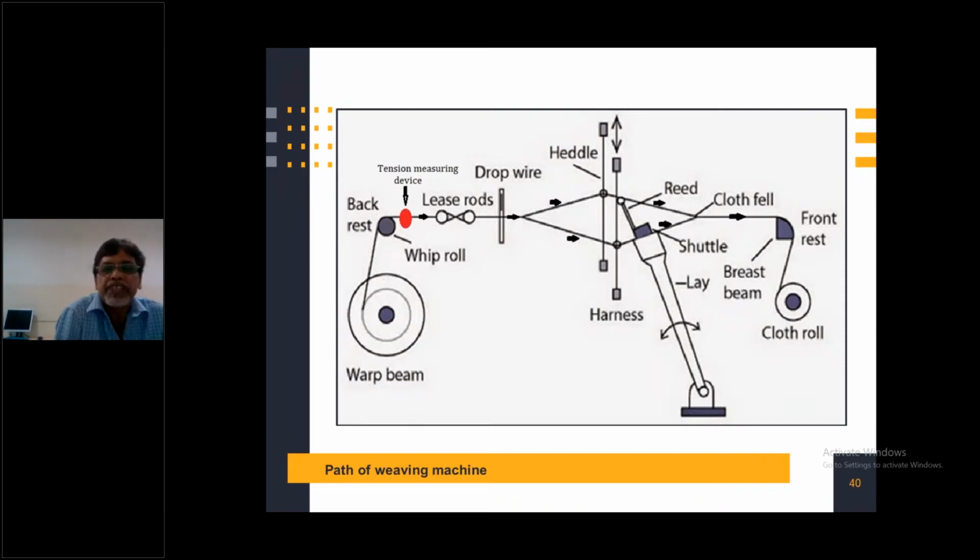So one of the textile problems with this machine is, and what is the source of that problem? You know that the efficiency of this machine depends mainly on the end breaks. The yarn goes from warping to the cloth fell, and the weaving machine is working here. So that creates a whole lot of problems as far as the yarn is concerned.